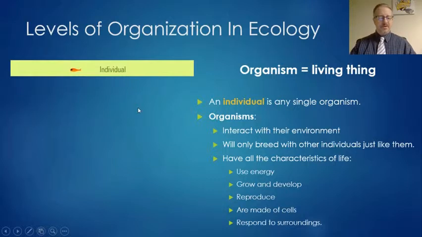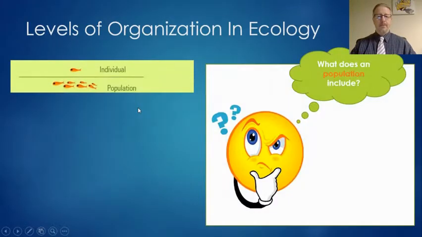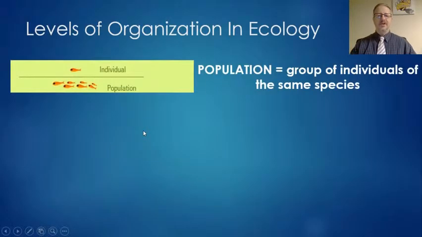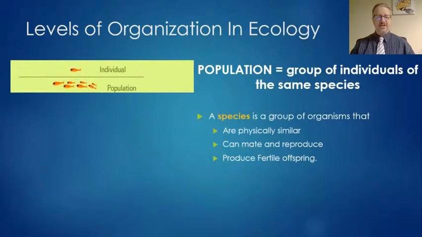Now let's move up one level to population. And if we look at the picture, what do you think population might include? Well, it includes a group of individuals of the same species. So now we're going from the individual to a population. So we're just adding on to each level as we go, as you'll notice. So a population, again, is a group of individuals of the same species.